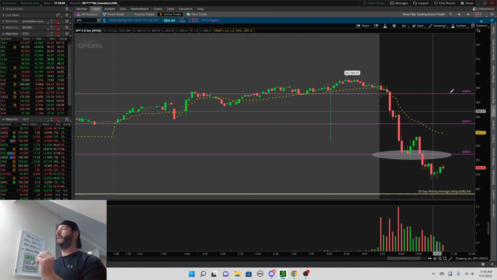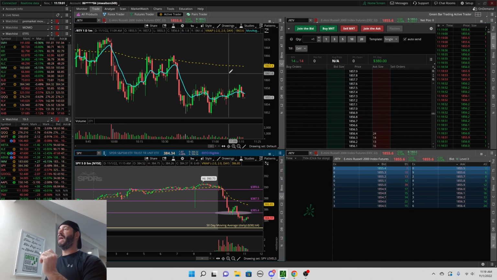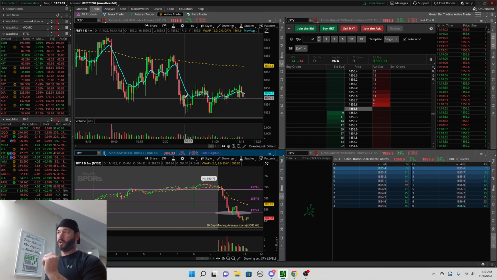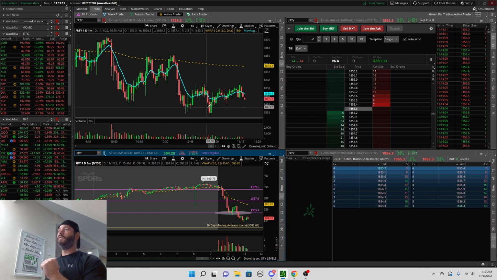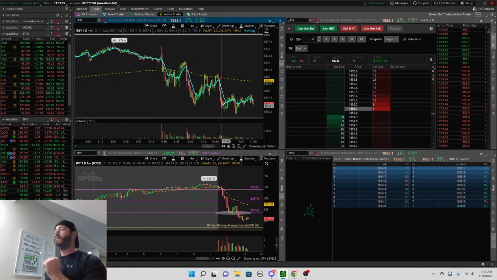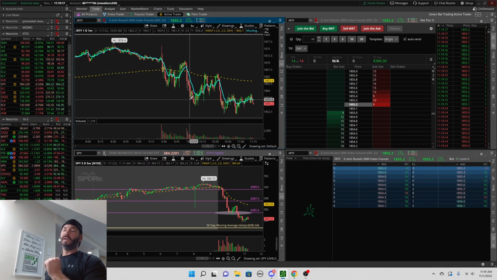I'm also trading a product that is outperforming the market. This is in the positive territory while all the other indexes are in the negative territory. So feeling much more comfortable going long on a product that is actually in the green for the day.